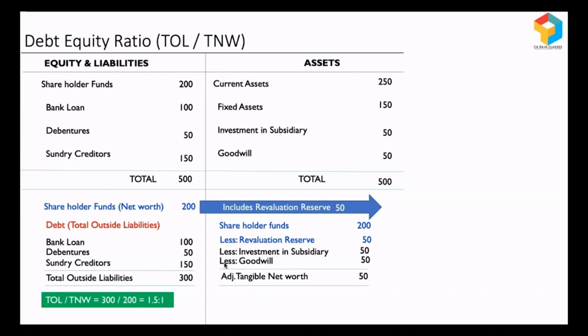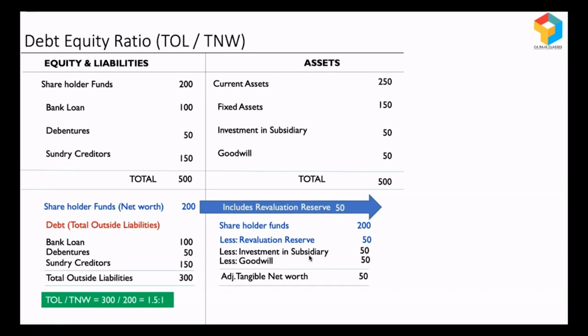So when we deduct these two items from net worth, we migrate to tangible net worth. And when we deduct this investment in subsidiary, we get adjusted tangible net worth. And some banks, they also deduct when investments are made in associate concern, and even if some long-term loans are given to subsidiary concerns or associate concerns or sister concerns, even that will be deducted by conservative bankers.